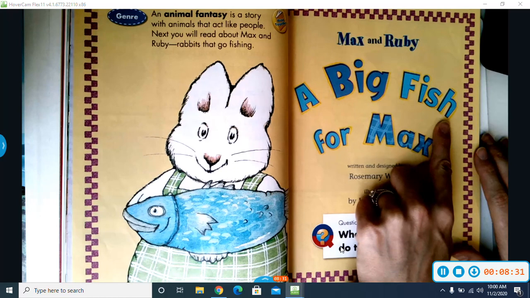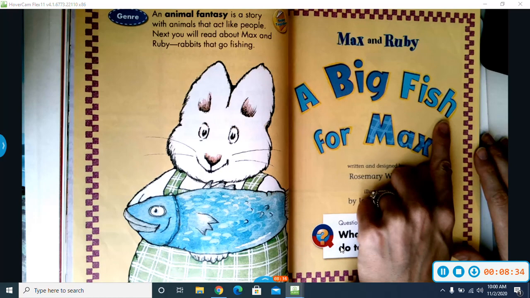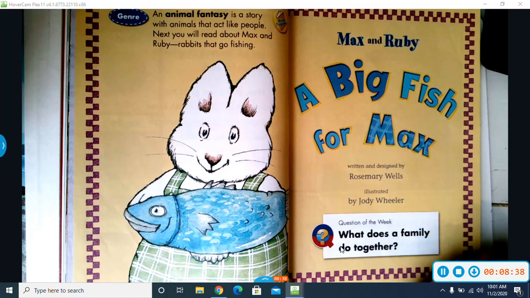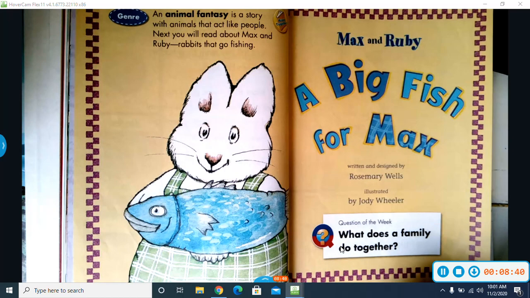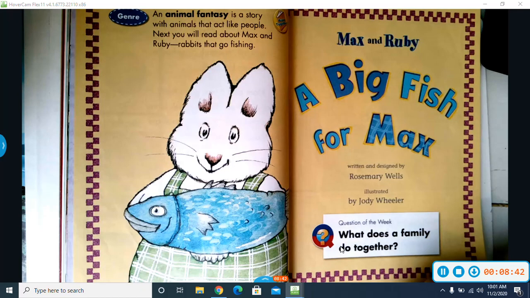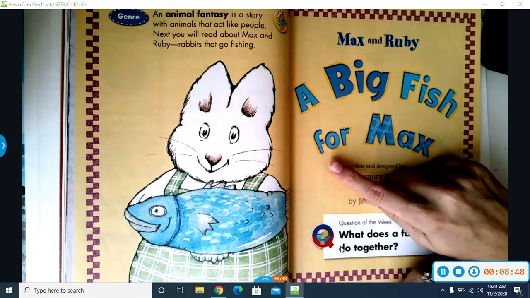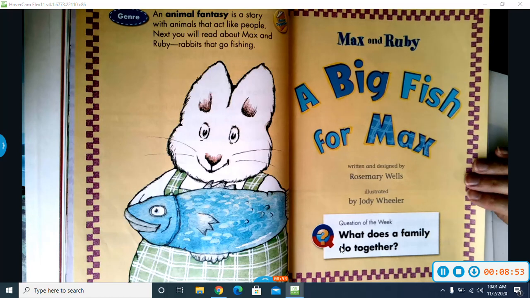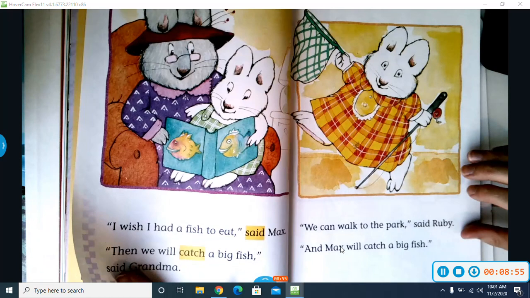SH in a word sounds like shh. And that TH, do you remember what the TH sounds like? The TH sounds like where we put our tongue in between our teeth. Awesome. All right, we're going to read about a big fish for Max today. Go ahead and get your book. Make sure you're on page 21, and we will go ahead and get started.